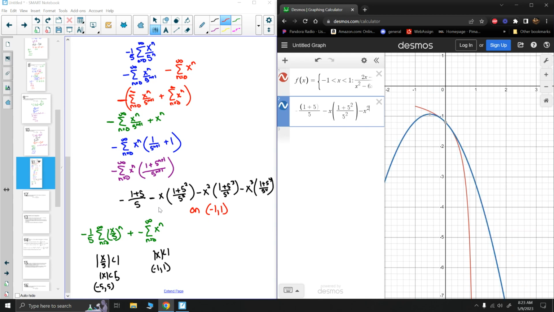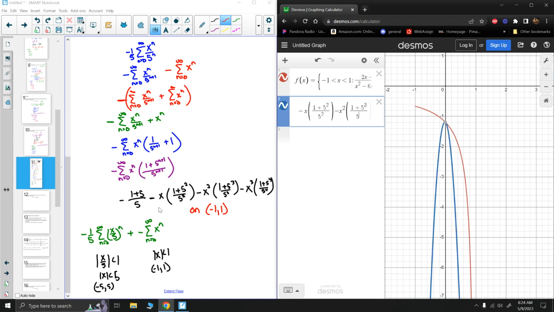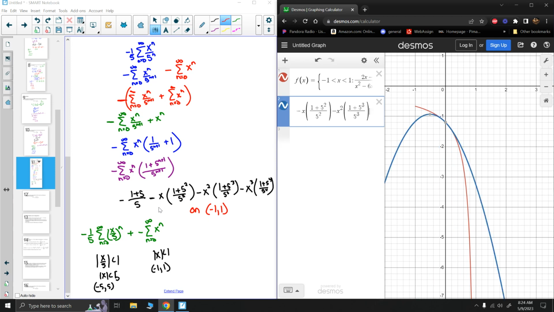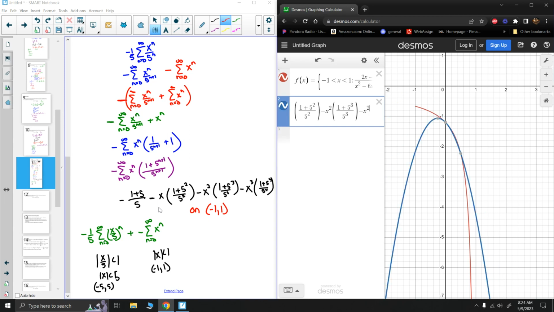X squared, that will put a curve into it, times 1 plus 5 cubed over 5 cubed. All right, so as you see, that's looking pretty good. It's definitely starting to appear to match it. So that will be sufficient after this one, 5 to the 4th. Yeah, I would agree that that looks pretty good.